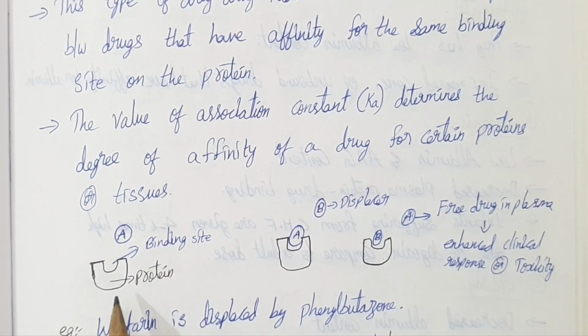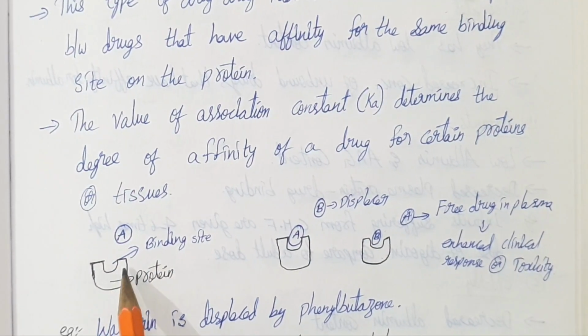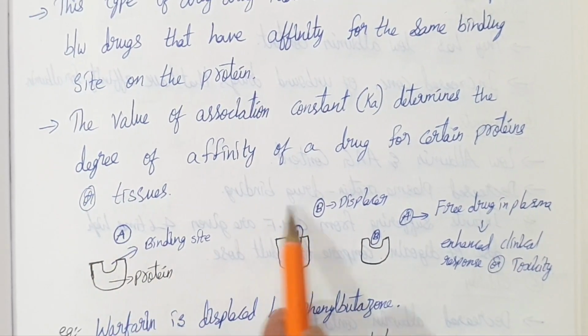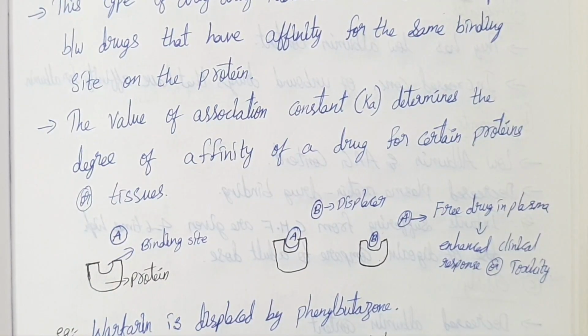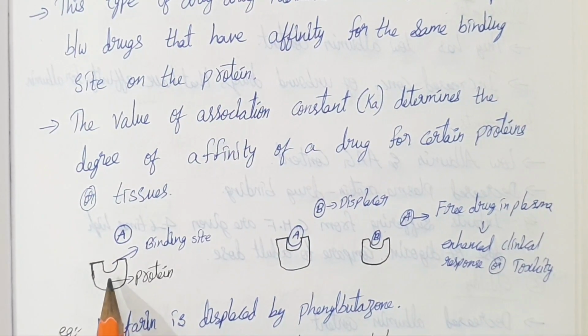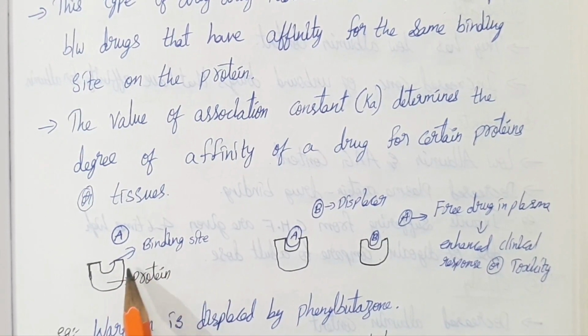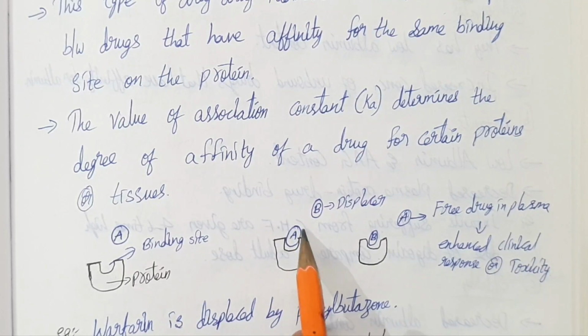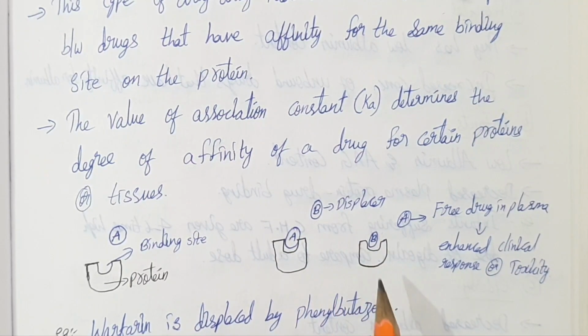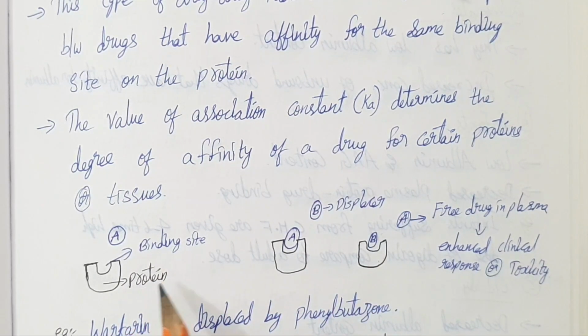You can see in the diagram that we have a protein and its binding site is here, and we have two drugs A and B. A drug represents warfarin and phenylbutazone is B drug. So first of all, what happens? Warfarin comes and binds to its binding site on protein. Then it looks like this. After some time, a drug with the same affinity comes to bind on this binding site on protein, which is phenylbutazone.